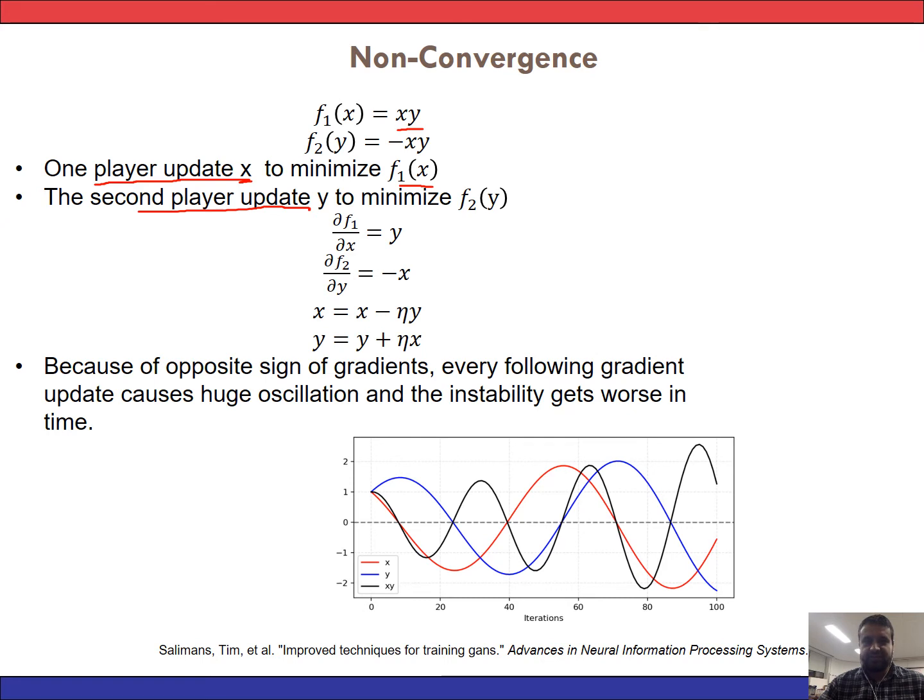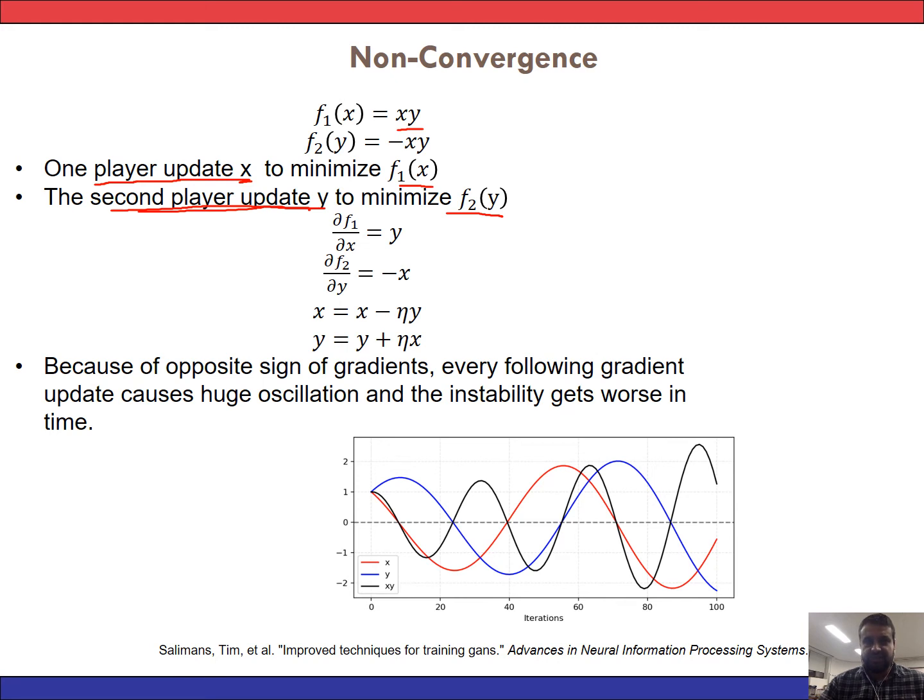So the second network updates the variable y to minimize f2 of y. Here we are minimizing this function because we put a negative sign here. Rather than maximizing xy, we put a negative sign to minimize it.